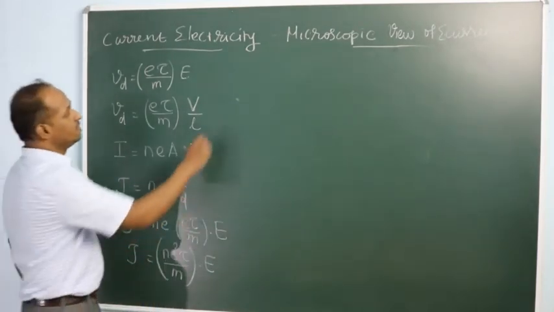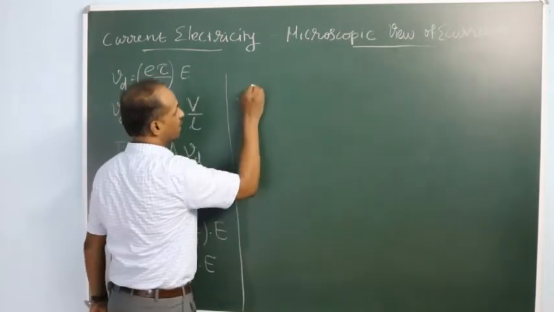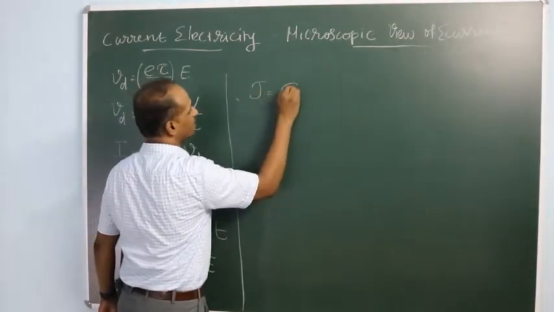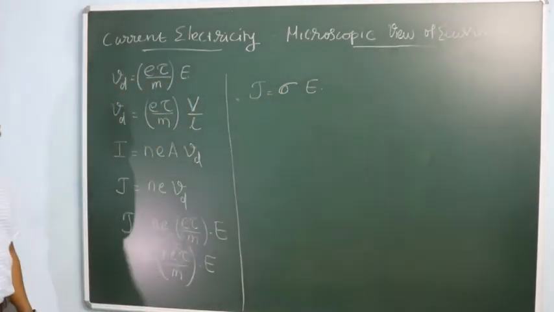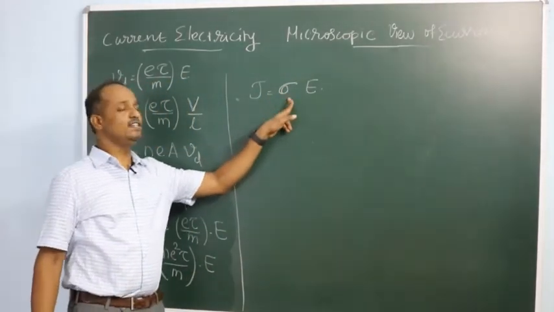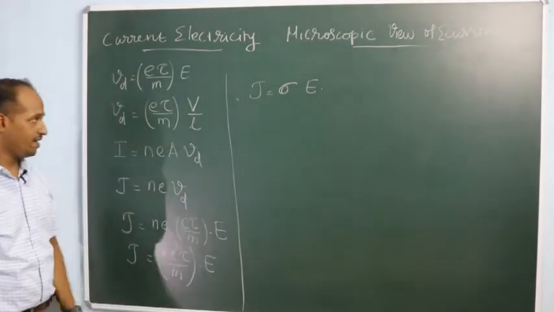So J, the current density, can be written as conductivity into electric field. Current density per unit electric field is defined as conductivity.